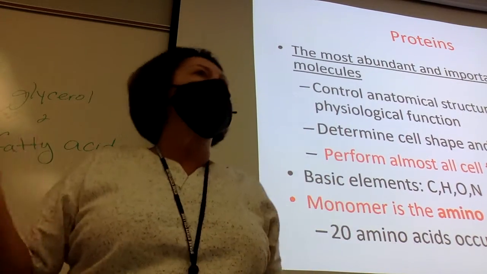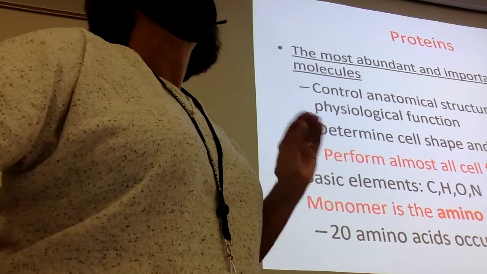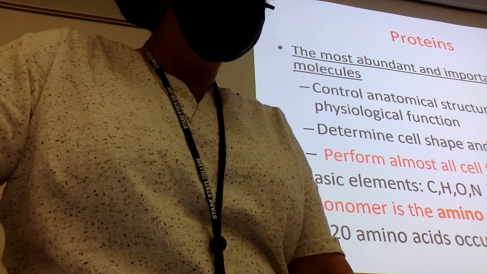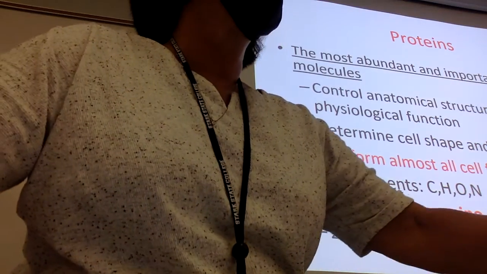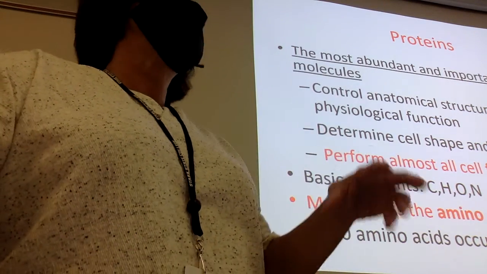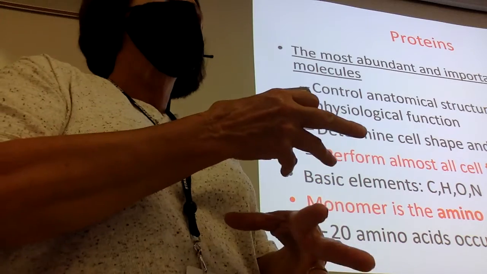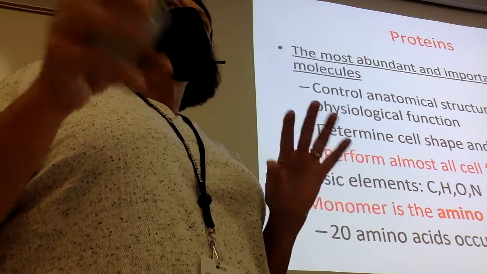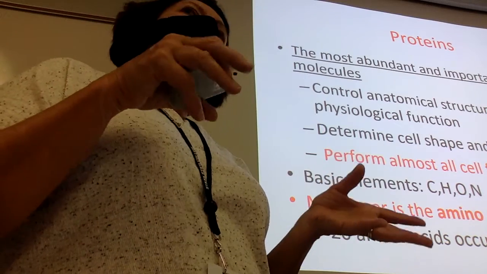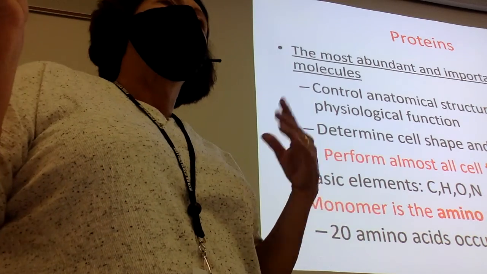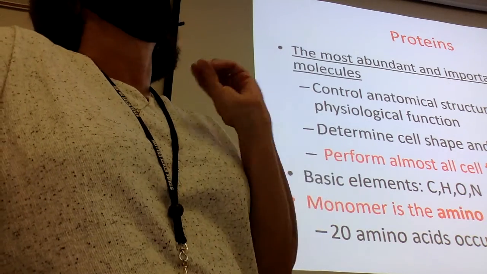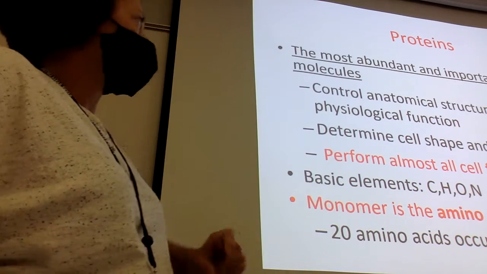In all of the world, there are only 20 amino acids. Those 20 amino acids in all different numbers, kinds, lengths, and shapes make every single one of us different. They make every one of us different from our dogs, from our cats, from the plant that you have on your desk. There are only 20 amino acids that make up proteins in the entire world.